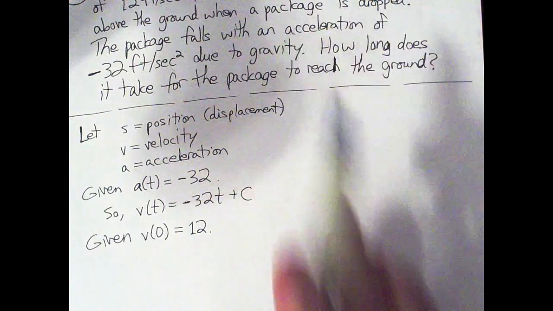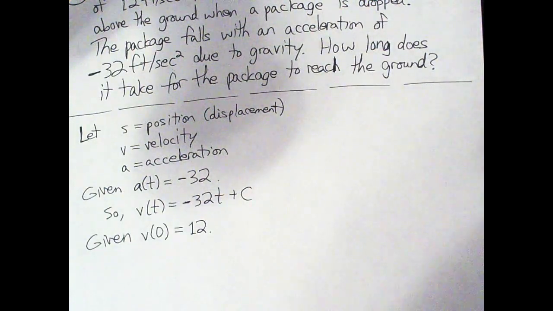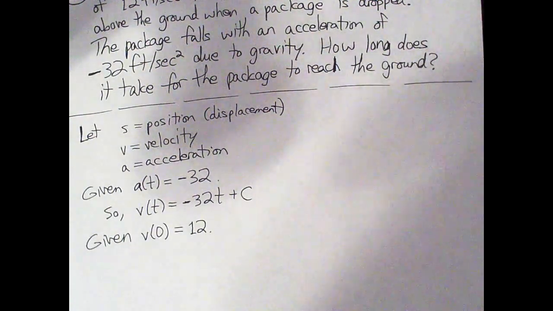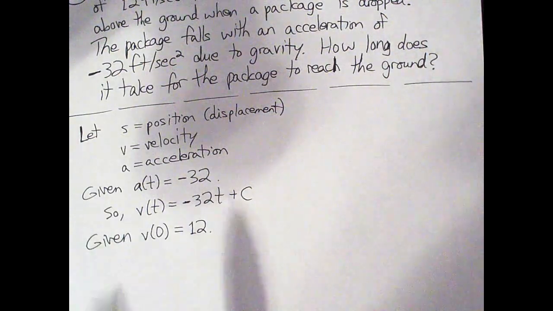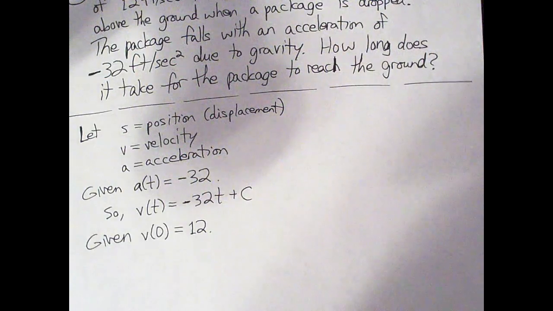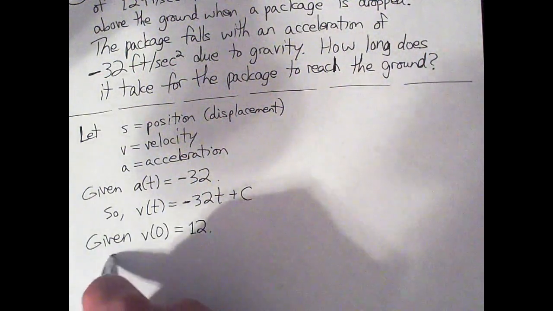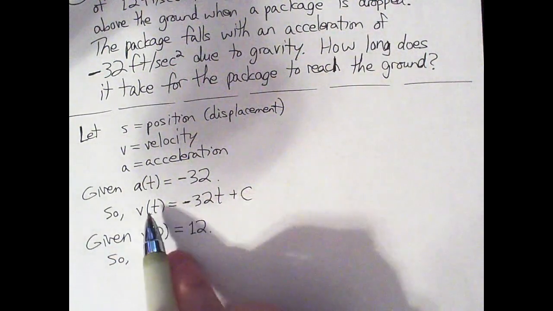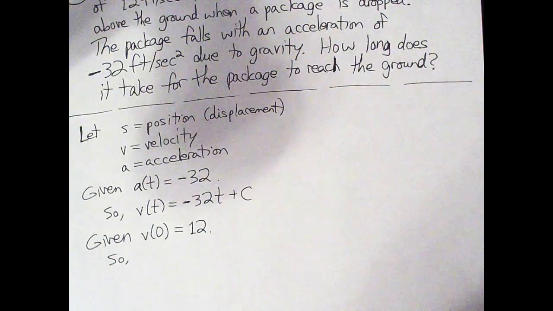The hot air balloon was ascending, so the height was increasing. So this is a positive velocity. The package was moving with the hot air balloon until it was dropped. So when it's first dropped, the package actually had an upward velocity, but then it starts falling. This is an initial value that we can plug into v of t equals negative 32t plus c.